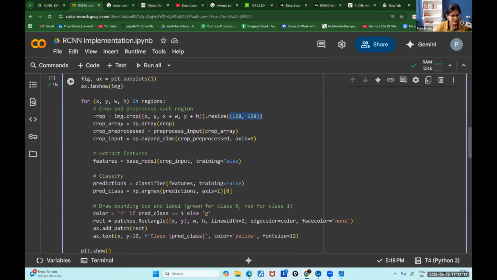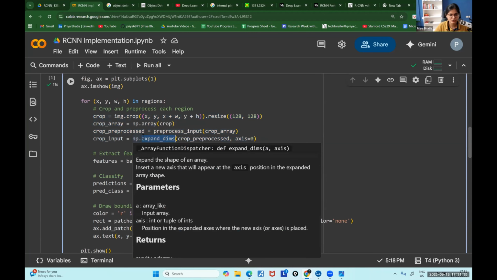And then this is where we are doing the data pre-processing in order to make sure that our input image that we are passing in the regions part should be aligned with the model that we are using as a classifier. So this is our simple pre-processing technique where we convert our cropped image into an array, pre-process that, and then expand the dimensions so that the issue of reshaping won't come into the picture.